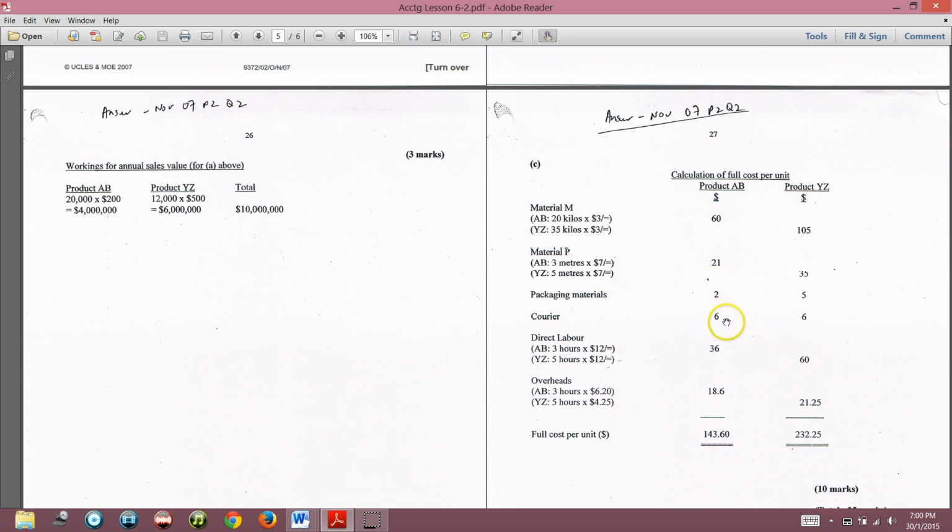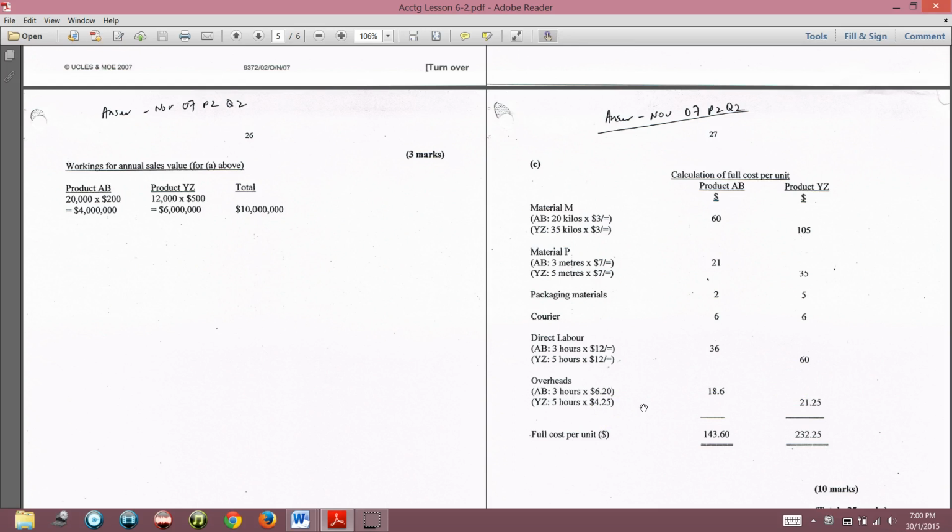Packaging material is given in the question, courier also given, like direct labor, 3 hours. You can obtain this from the question. Each unit of A, B takes 3 hours to make in the assembly shop, and Y, Z 5 hours, and the labor is paid $12 per hour. Overheads, you see, is this overhead recovery rate.